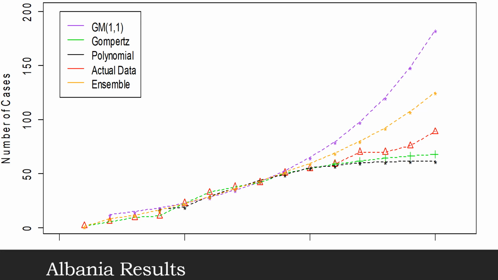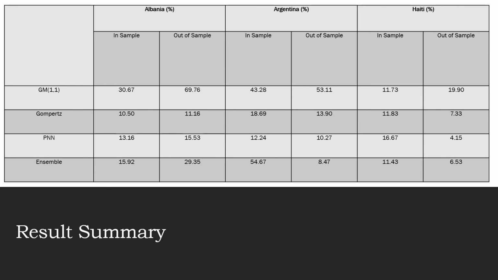But again, we'll check the actual values on the next slide. So this is the summary table. It includes all three data sets: Albania, Argentina, and Haiti. We can see the in-sample MAPE values as well as the out-of-sample values.